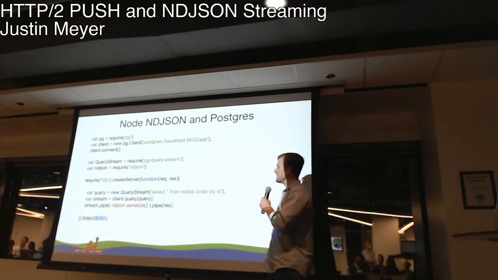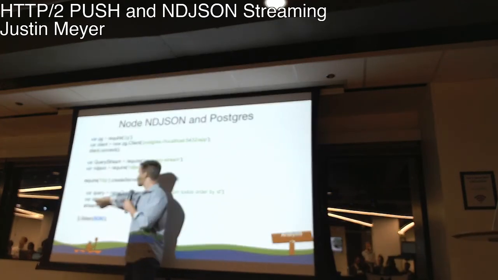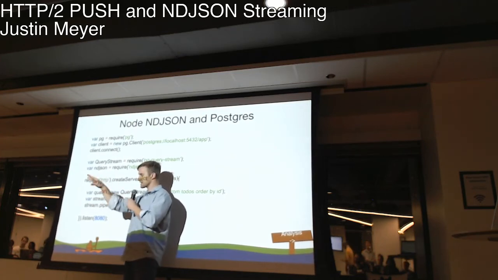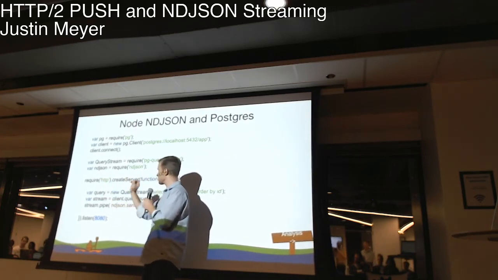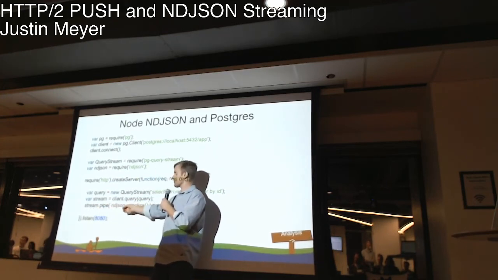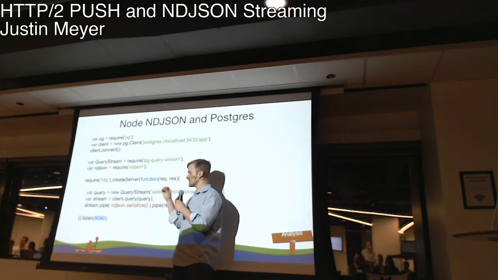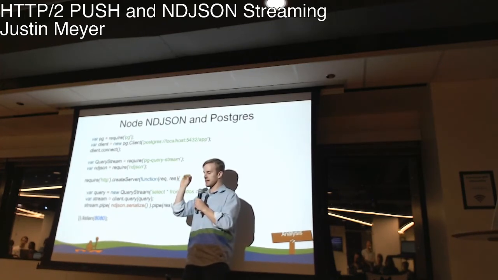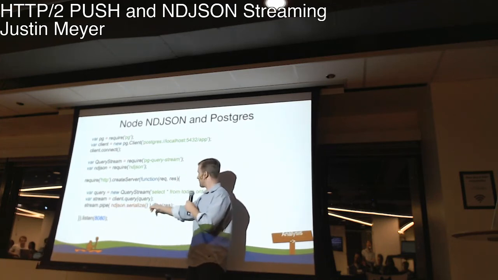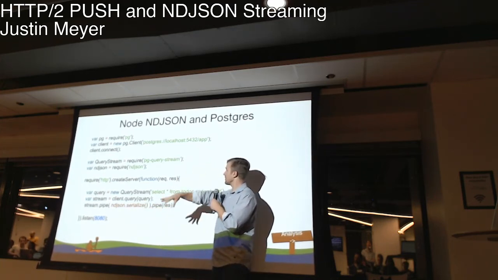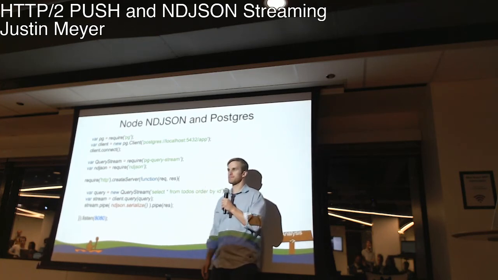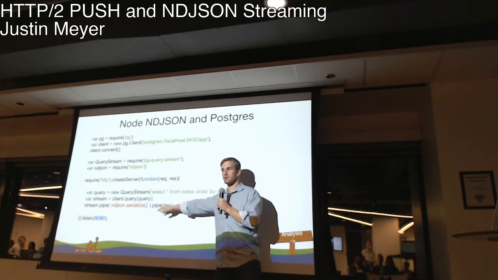This is going to be a stream of objects coming out of the database as they're found. I'm going to take that stream of records, pipe it through the transformer, which is going to produce essentially a stream of strings, the JSON stringified objects. And then I'm going to pipe that right out to the result that we send out as part of the response body. So it's pretty simple to set up yourself.